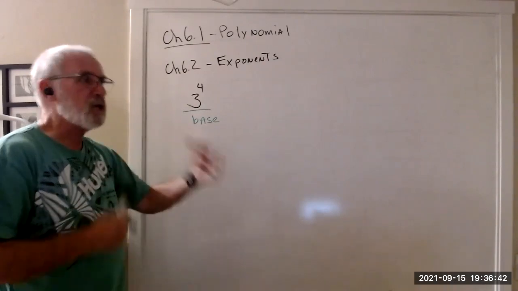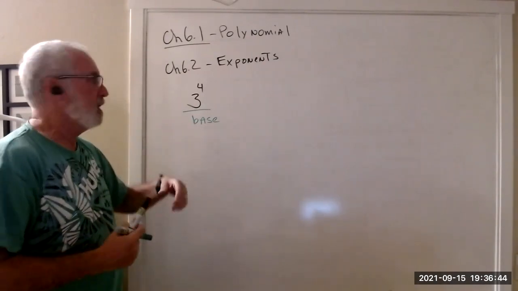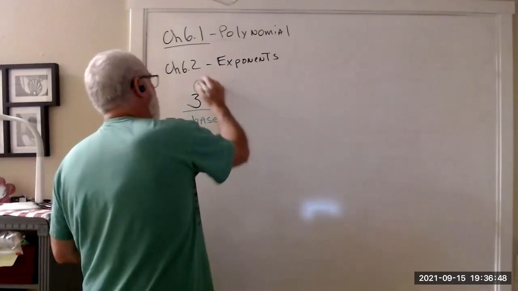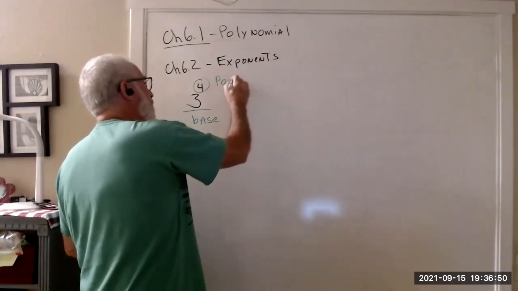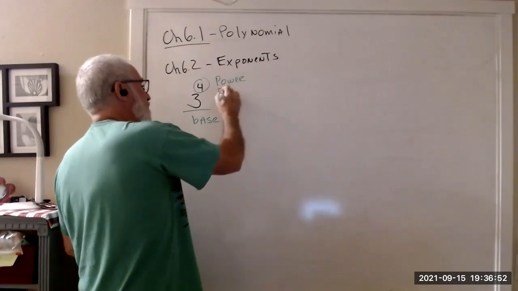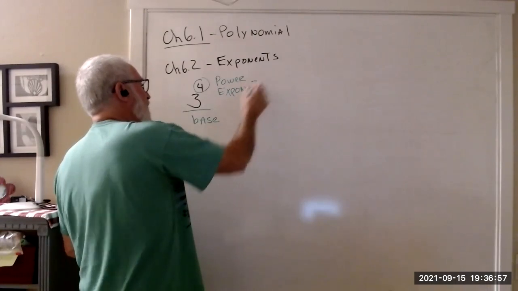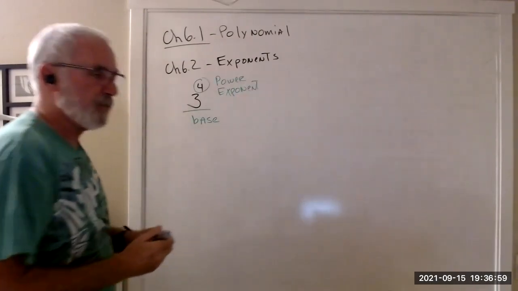Okay, and you do need to know that vocabulary. The bottom number is the base. This top number is either called the power or the exponent. Technically, there's a difference, but it doesn't matter.